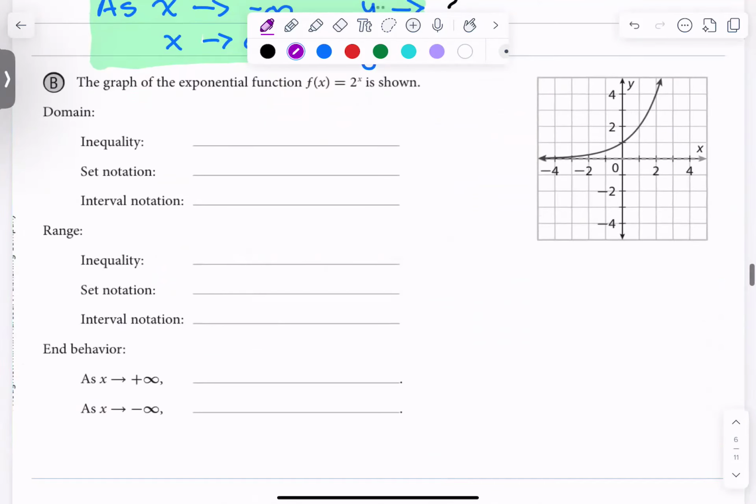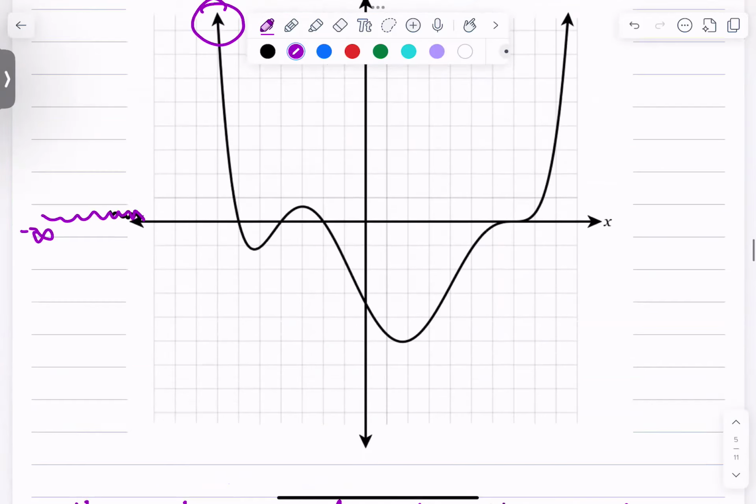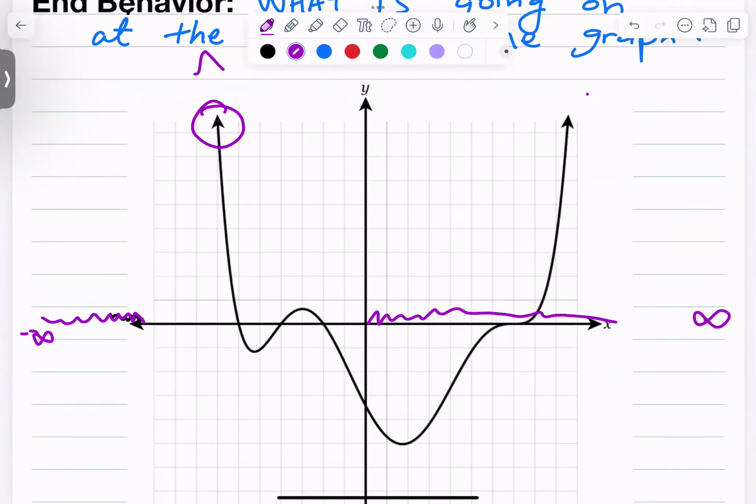So y approaches positive infinity. And as I keep on going this way towards positive infinity, where is my graph headed? It's going up and up and up, correct? So my y value is headed towards positive infinity as well.